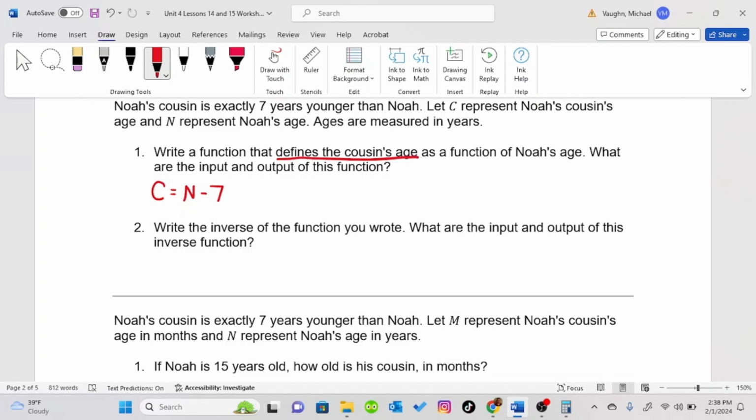In this equation, we use Noah's age as the input and the cousin's age is the output.